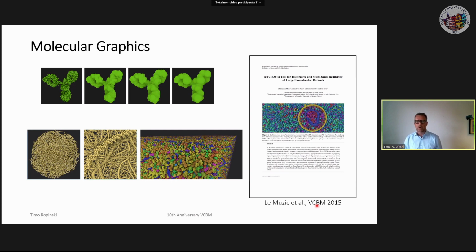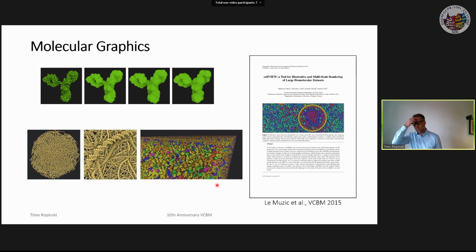And what they propose is how to generate illustrative and multi-scale renderings of biomolecular data sets, like the coronavirus we have seen in Michael's presentation earlier today. The challenge is that you have a lot of structures contributing to this overall impression.